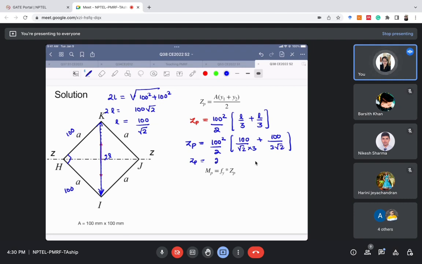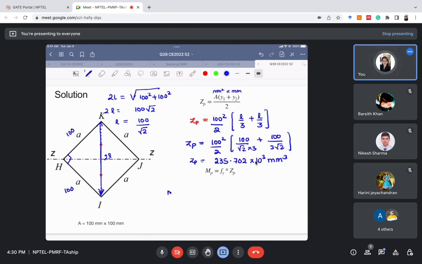Okay, I'm getting the value as 235.702 into 10 to the power 3 mm cube. So you can check your answer. We are multiplying mm square by mm, therefore mm cube.